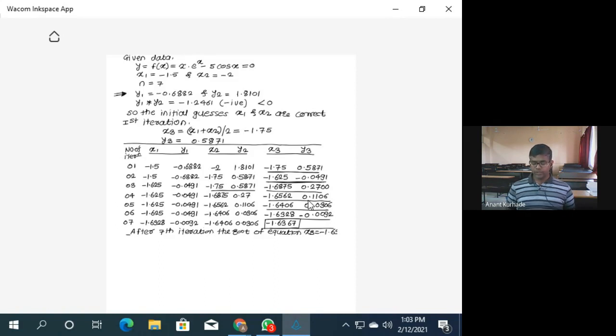So what is accuracy? See here, in tabular form we have columns like number of iteration as the first column, then x1, y1, x2, y2, x3, y3. This is if you have a problem related to number of iterations. Now if you have a problem related to accuracy, then you have to add one more column as accuracy.